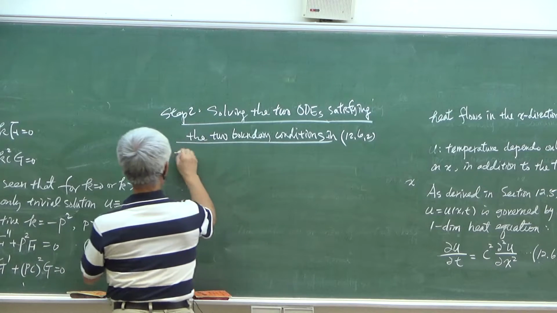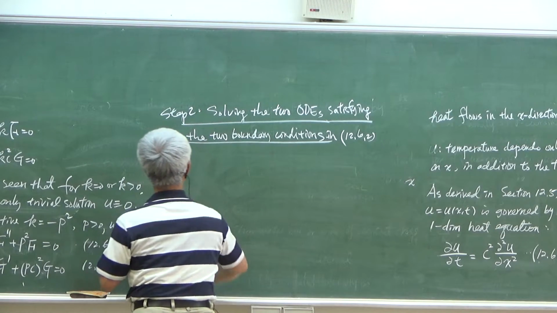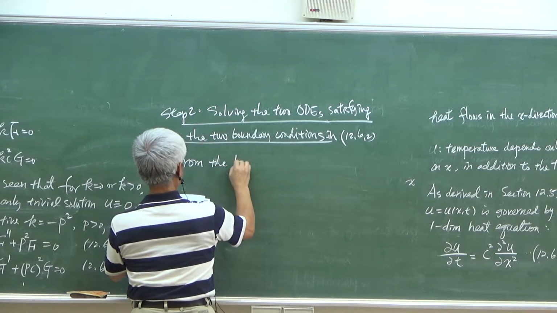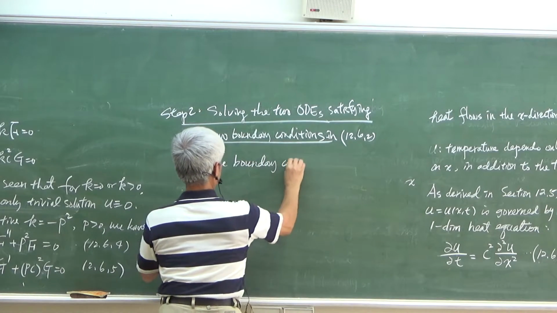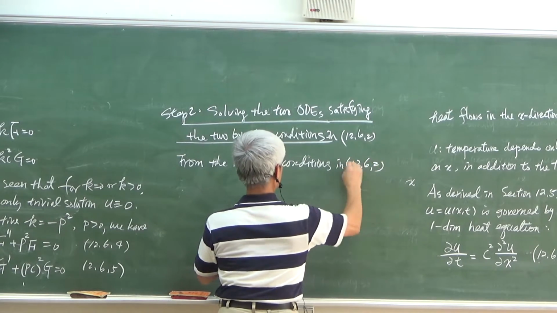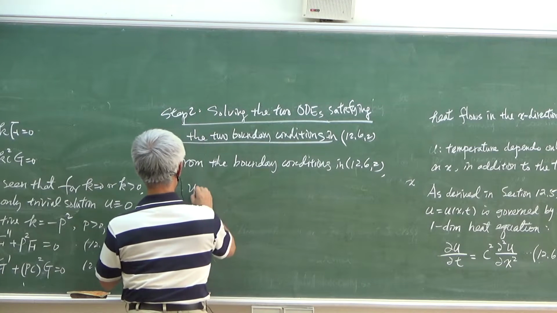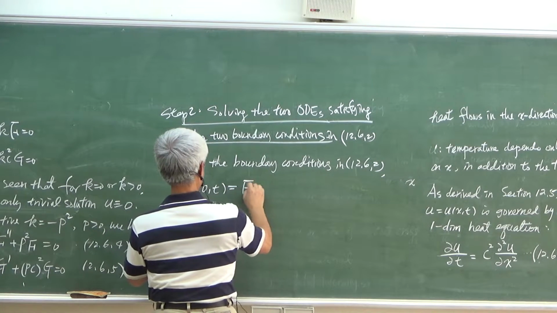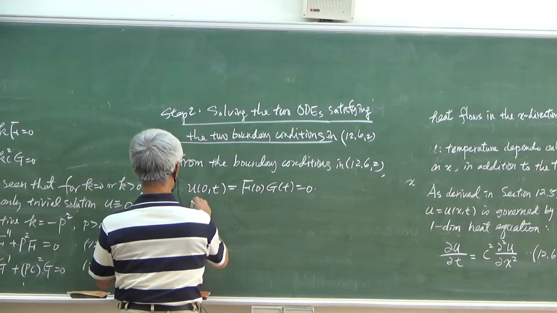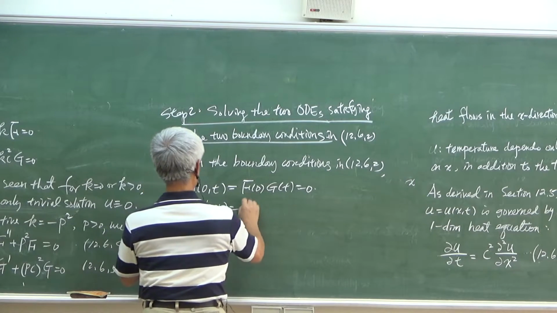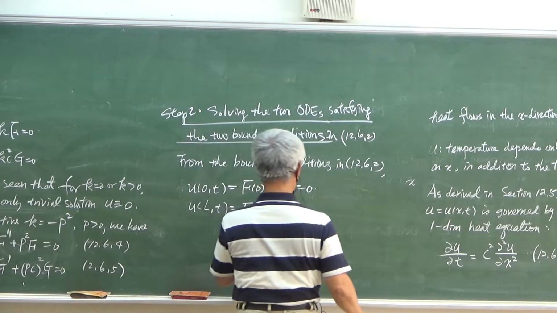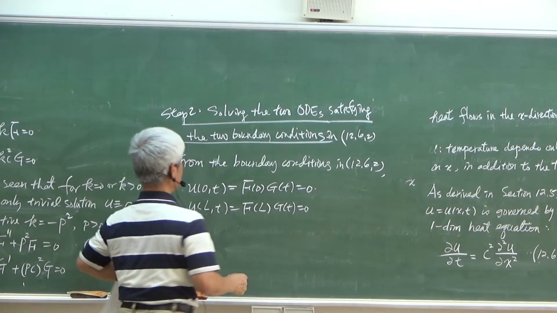Okay, now from the boundary conditions in 12.6.2, we have u0 t equal to f0 gt equal to 0, and we have u lt equal to fl gt equal to 0. Okay, so this is one.